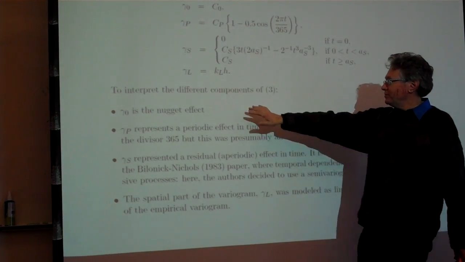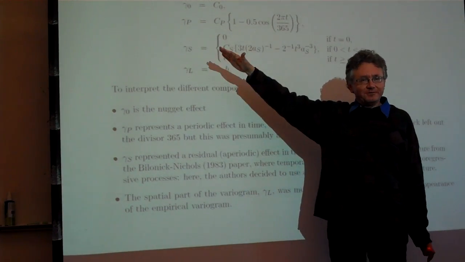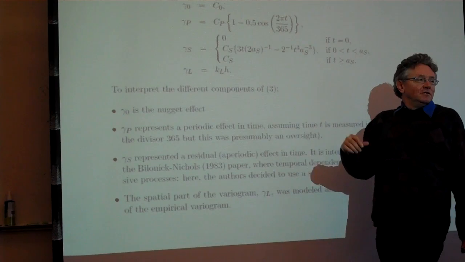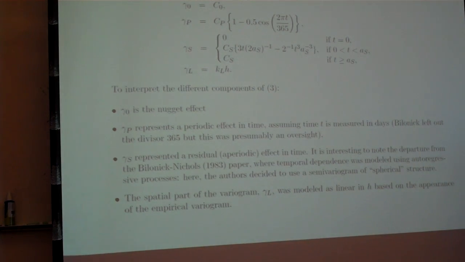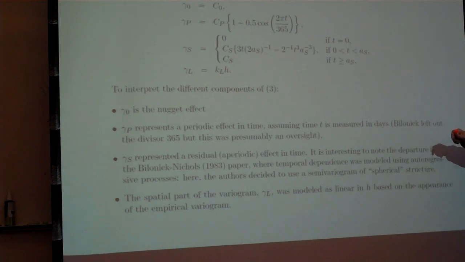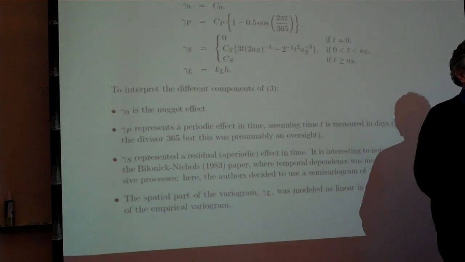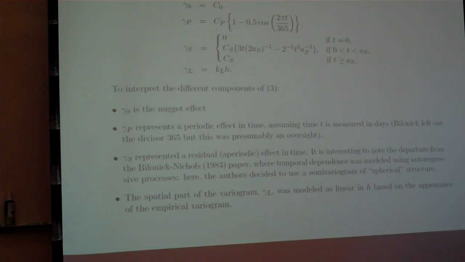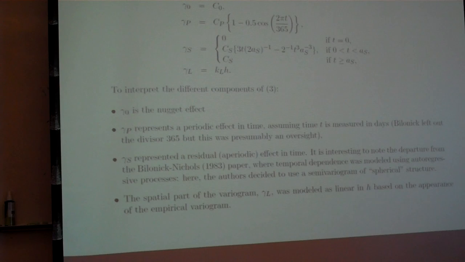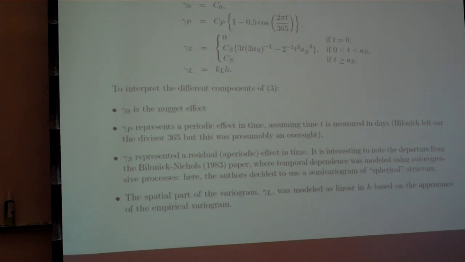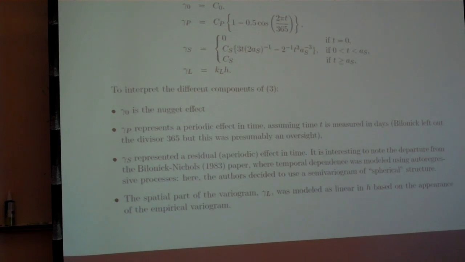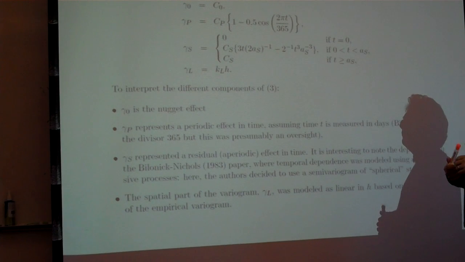Actually, we probably wouldn't pick a linear model. We would pick something that was asymptotic. And then we would estimate that model too.